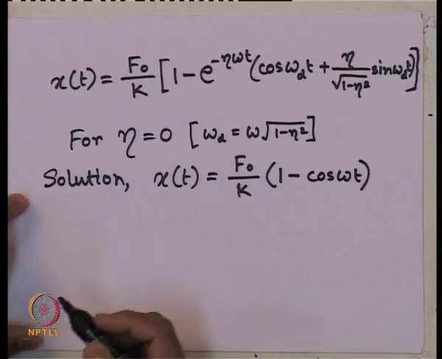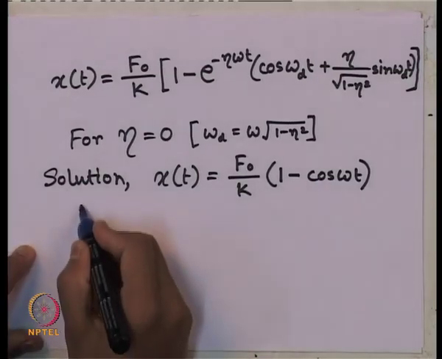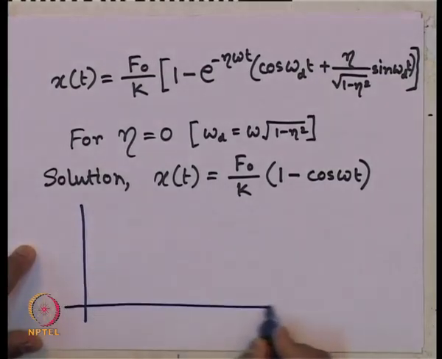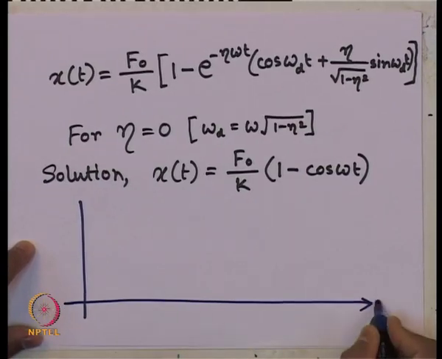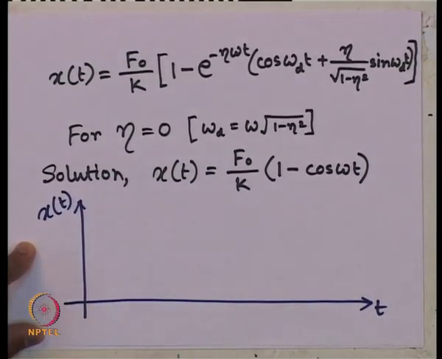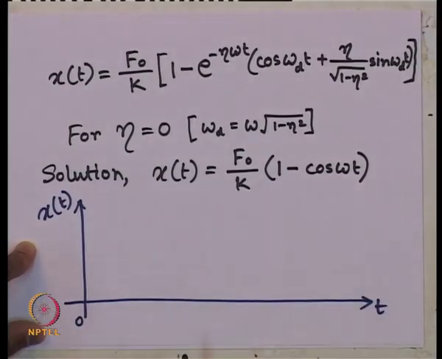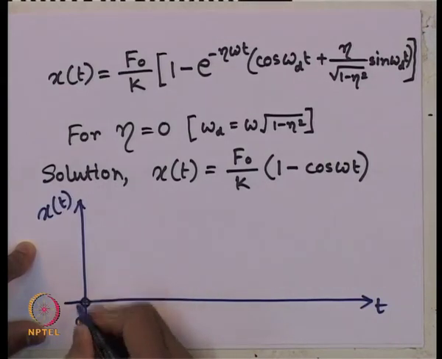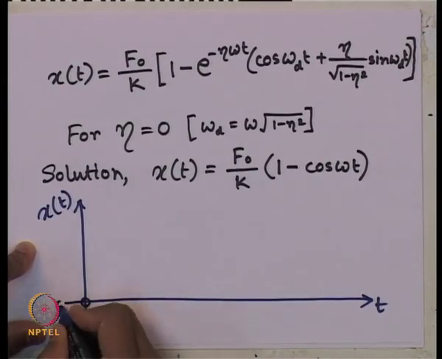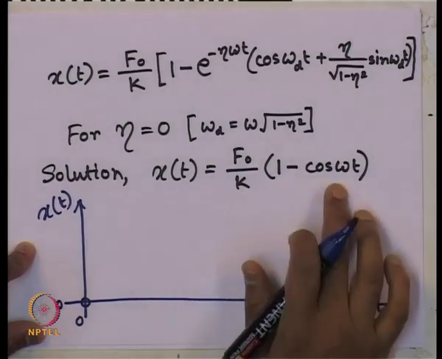And if we want to plot the response with respect to time, how should it look? So, we are plotting the total response x of t with respect to time t. Where should it start at t equals 0? The value is 0, so it should start from the point 0, 0. Okay. Let us see the variation of 1 minus cosine omega t.